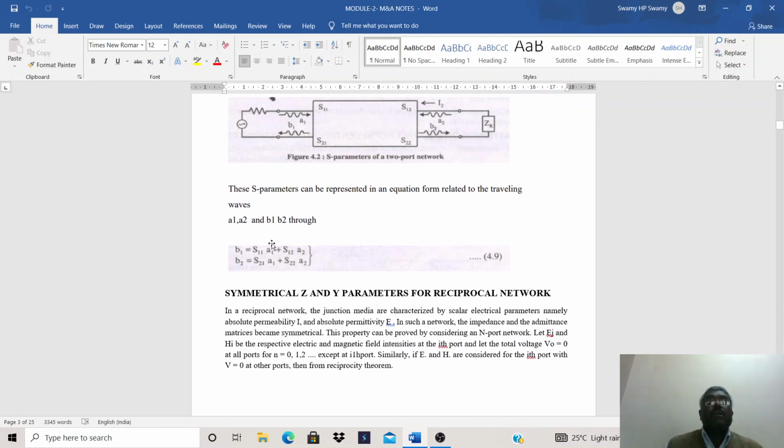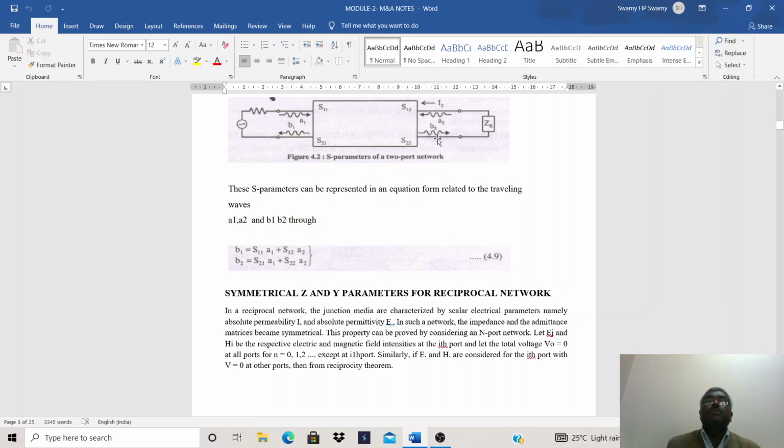See here A1, A2, B1 and B2. Using this, B1 is equal to S11 A1 plus S12 A2.